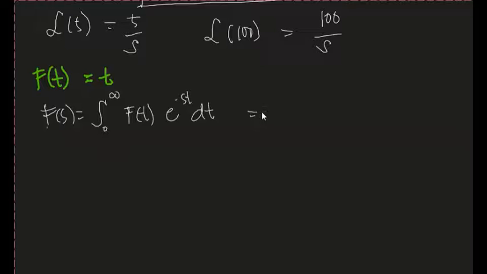So this is equal to the integral from 0 to infinity of your function t, which is t, e raised to negative st dt. So this time, we perform our operation. Take note, we cannot factor out because they both have t.